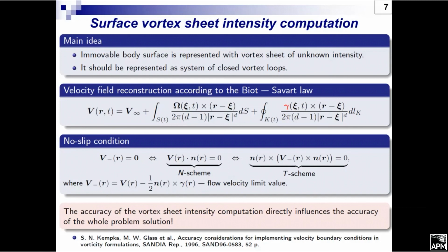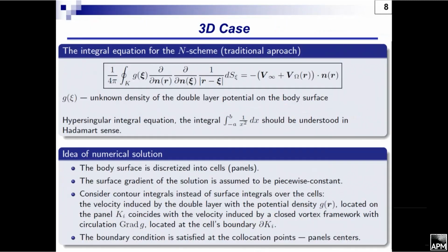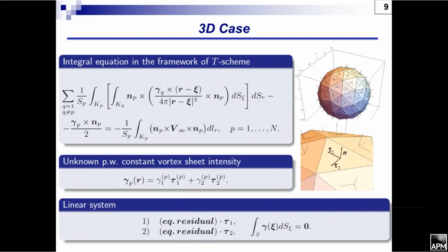Yep. In the framework of the traditional approach, we deal with a hypersingular integral equation, and it is, I should say, not a trivial problem to develop a numerical scheme that allows us to obtain its solution with high accuracy, especially on non-uniform meshes. In the approach that we have developed, we again use the Galerkin approach.